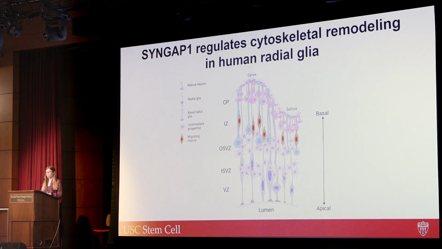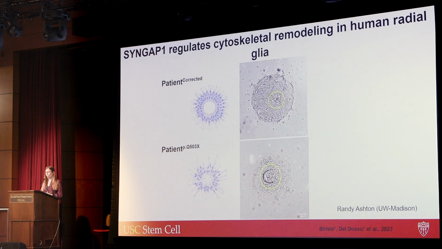As we see here in a schematic, the radial glia cells are these cells laying around the ventricle, close to the lumen, and they extend 2 different cytoskeleton compartments, one apical towards the ventricle, and this is a really important compartment for the maintenance of the ventricle. And on the other side, this radial glia extends a long cytoskeletal protrusion towards the basal side of the cortex. And this is really important for the migration of neurons.